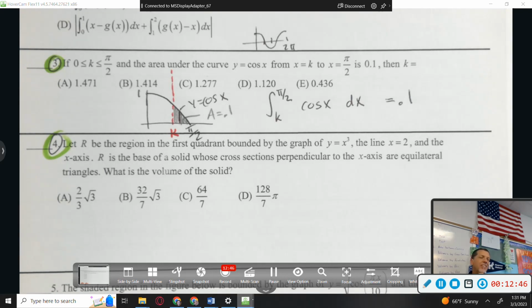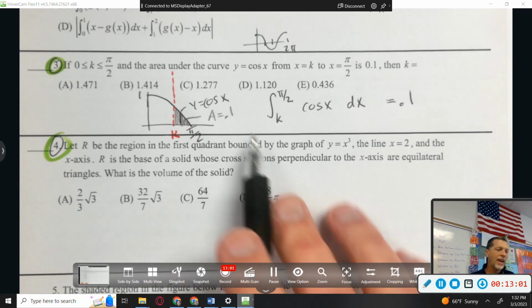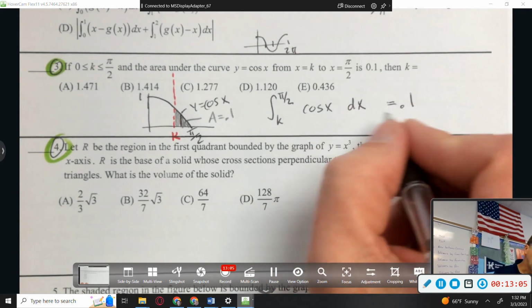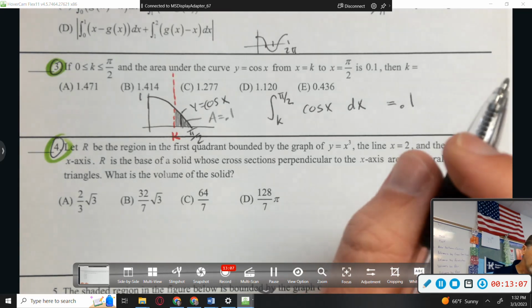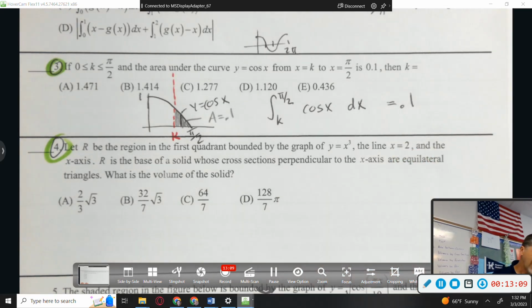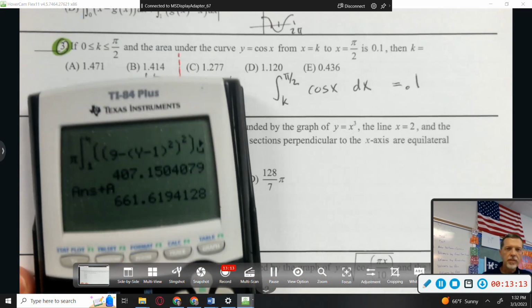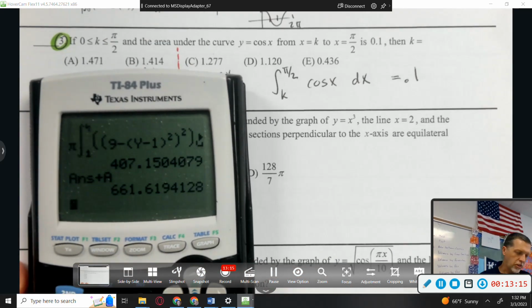So the calculator way would be to plug in each of those answers and see which one gives you 0.1. Which wouldn't be bad, because once you typed it in once, you can go up and use the entry you just got and change k until you get the right answer. But let's do this sort of the real way here. Well, we got a calculator. That's probably the way I would do it. So I'm just going to play guess and check and see which of those k values work.